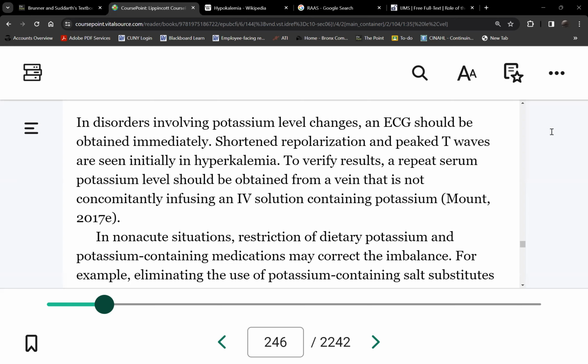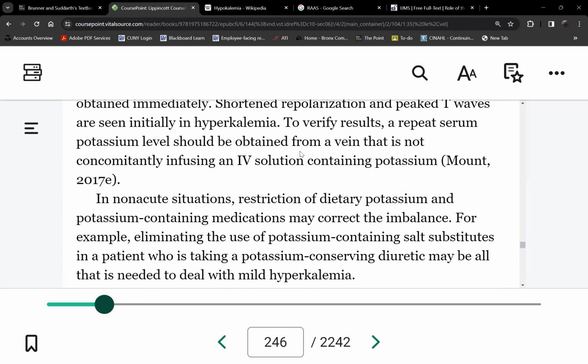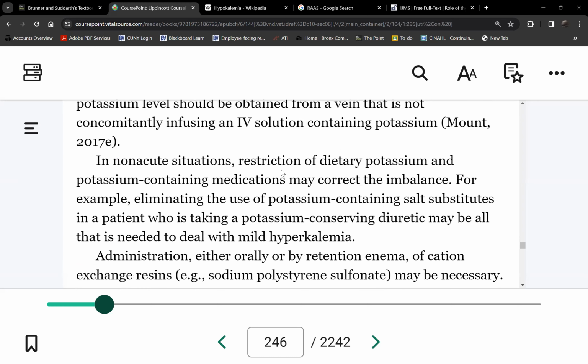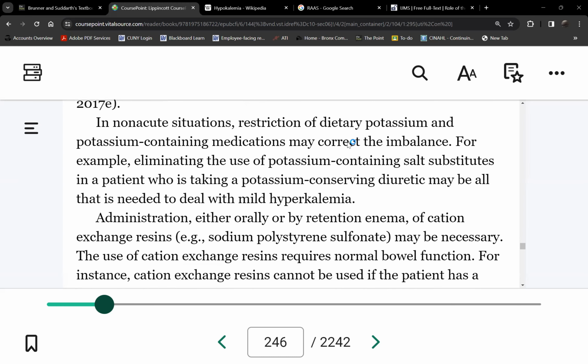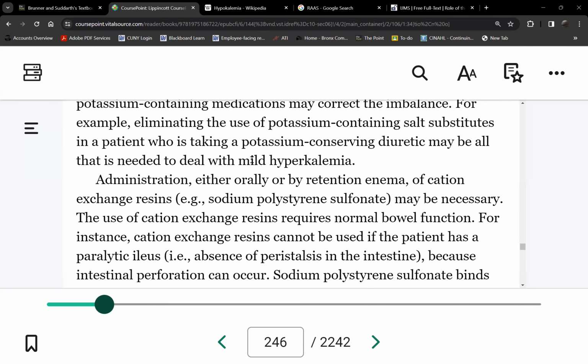In less urgent, non-acute situations, of course, you can restrict potassium. And then there's this oral resin. If you have mild hyperkalemia, let's say it's 6 or 5.7, you can use a potassium-excreting resin.